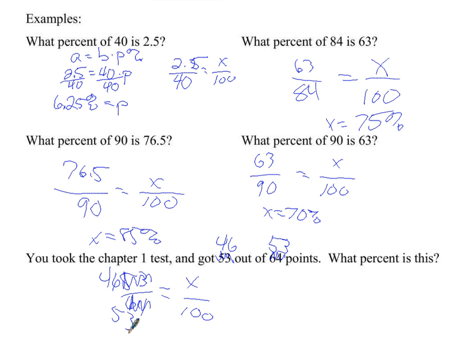All right, so what do we get? X equals 86.7%. It's like a ghost came in and moved numbers around on me or something. They all come from the same file, so I don't know how that happened. Okay, so 86.7%. A lot of you would probably be pretty happy with that score, right? Yeah. All right. Moving on.